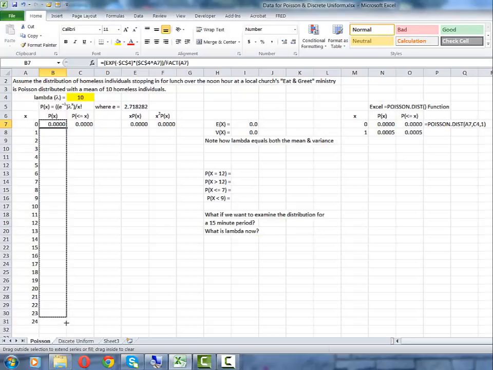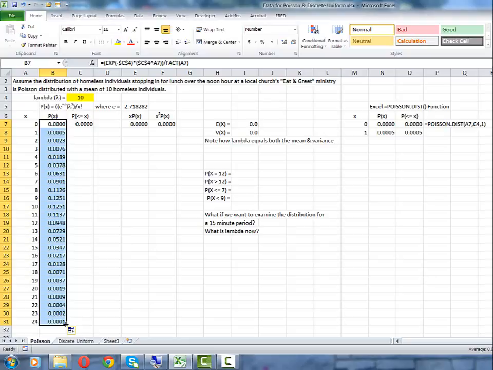Let's just go down to 24, which I just made up. We could go further if we wanted, but you can see that we're pretty much getting close to 0 by the time we're at 24. When we add these up, we get almost 1.